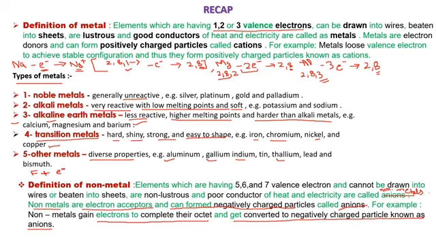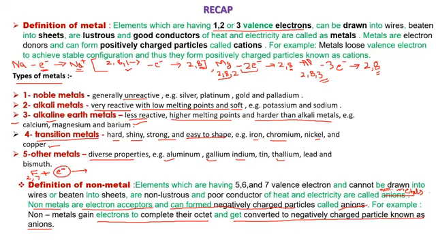Because electrons are negatively charged particles. What is the atomic number of fluorine? It is 9. So the configuration will be 2 and 7, right? So it needs one more electron. That is why I have written plus electron.